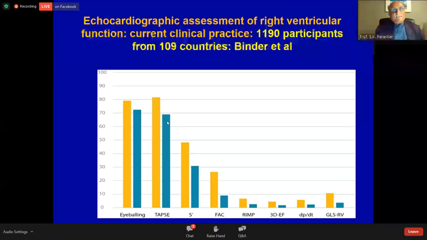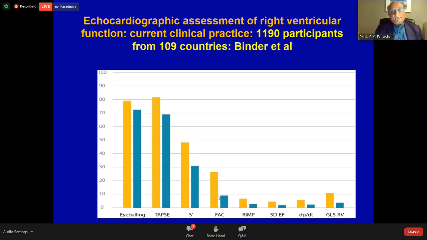This is the last slide, a very interesting slide in which Binder et al. sent a question to about 1,200 participants from 109 countries as to which test they always prefer for assessing RV function. And as we have discussed just now, the majority said eyeballing. Next said TAPSE. Then the third was tissue Doppler.